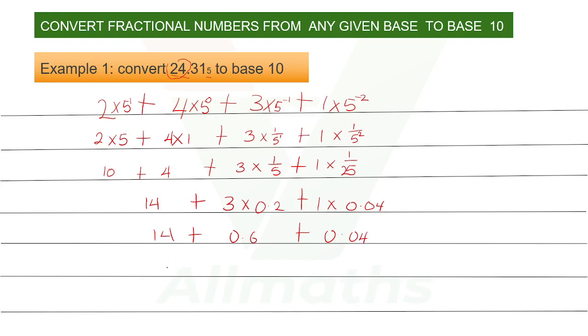Adding it together, you have 14 plus, if you take the decimals together, 0.64, giving us 14.64. Hence, our 24.31, which used to be a base 5 number, is the same as 14.64, a base 10 number.